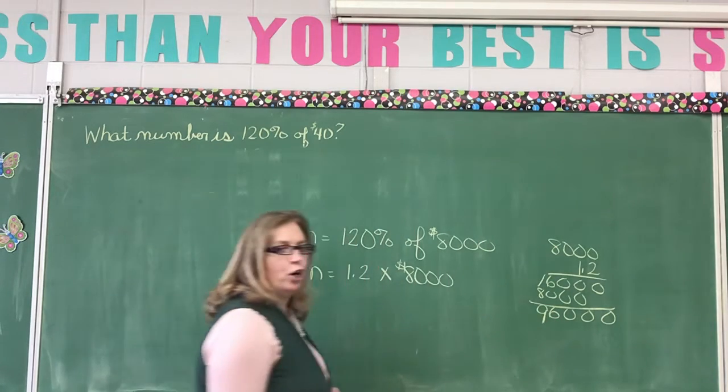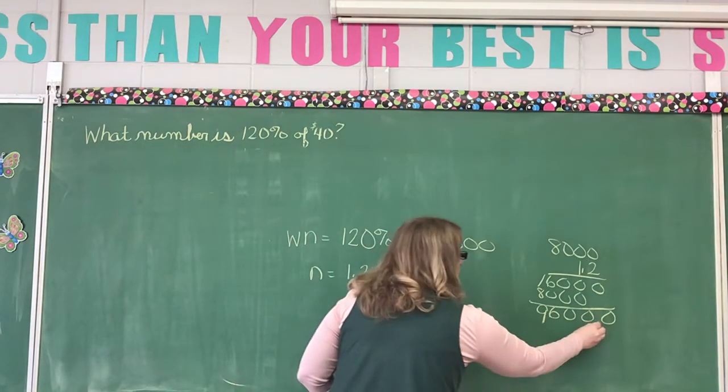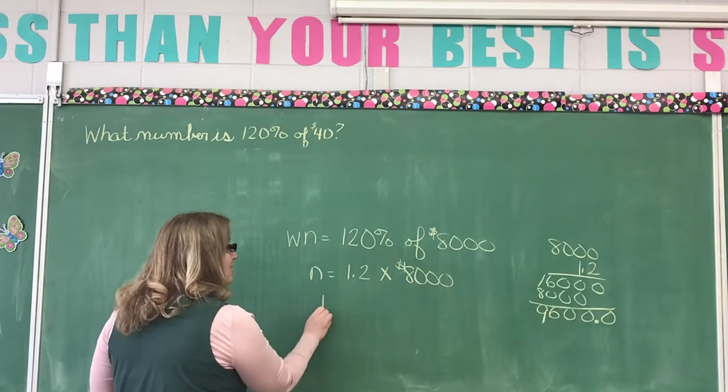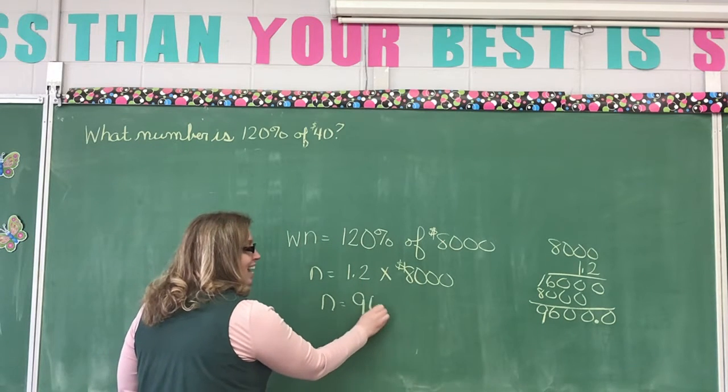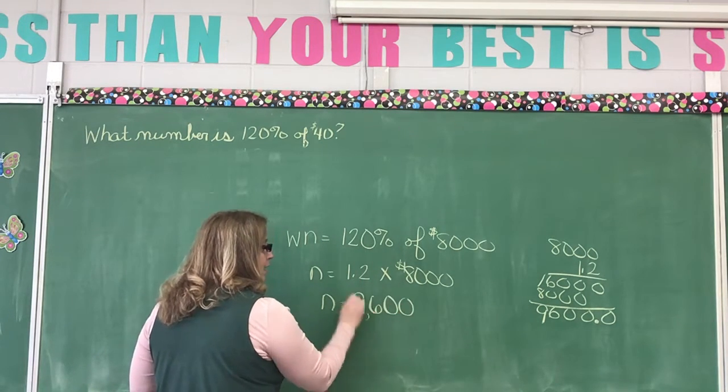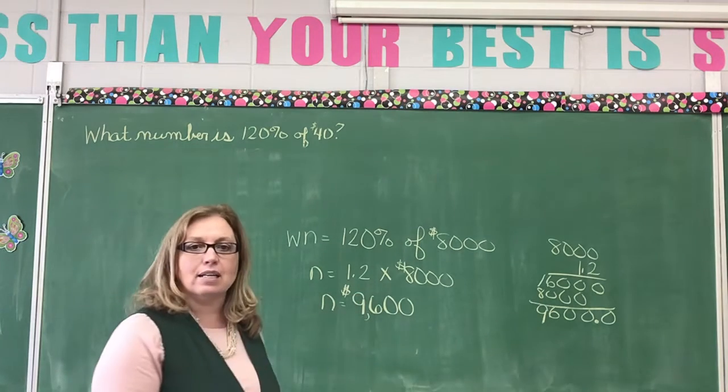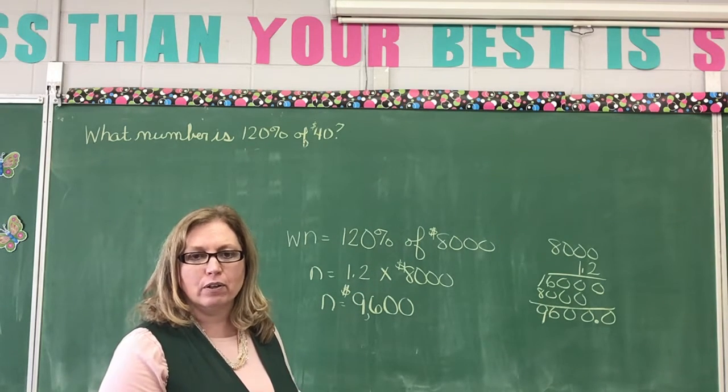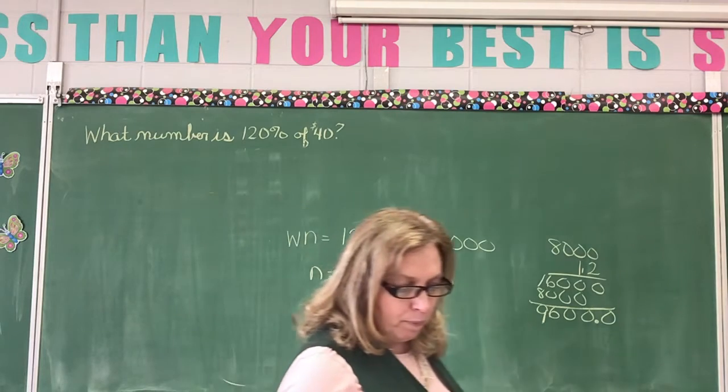Where does the decimal go? After this first 0, right there. So what is he going to sell the tractor for? He's going to ask the farmer to pay $9,600.